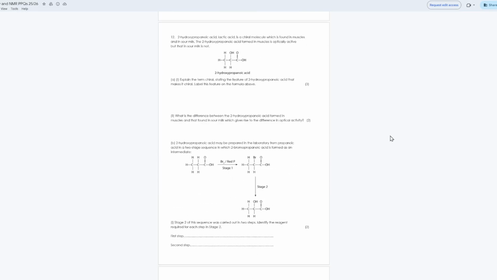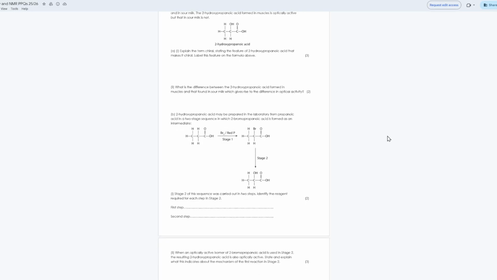2 marker. What is the difference between the 2-hydroxypropanoic acid formed in mussels and that found in sour milk, which gives rise to the difference in optical activity? Wow. That's a great question.